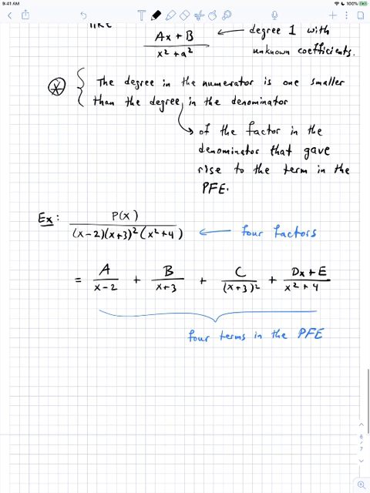Now the other thing that might happen is Q(x) might have repeated irreducible quadratics.